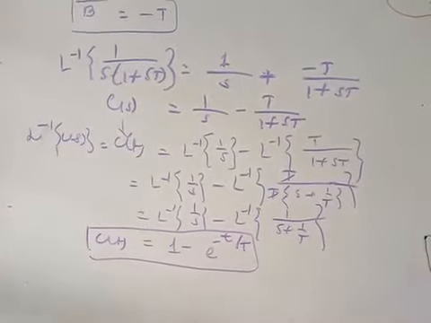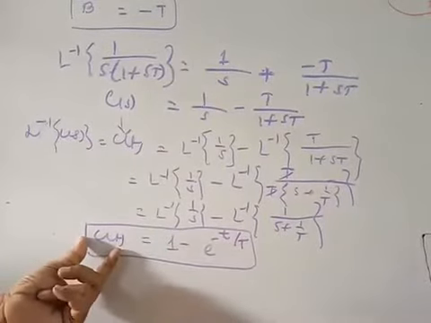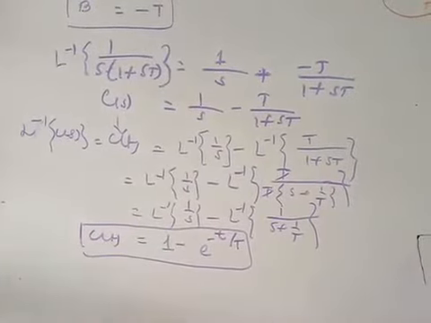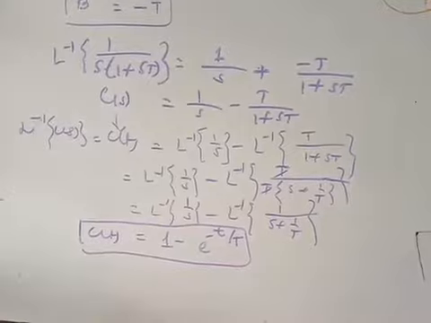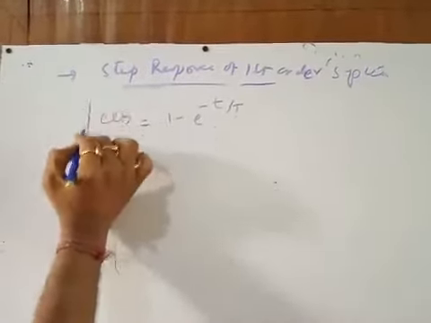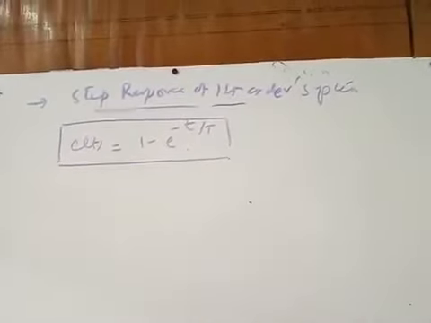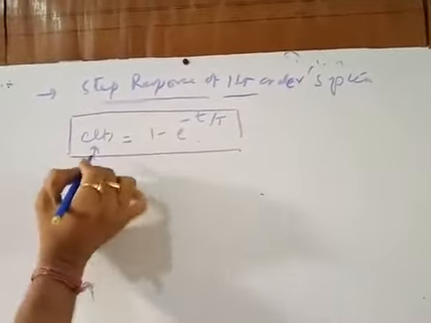Now I am going to get the curve, how the CT is looking, and from that you will be sure how the output is following the input. We have CT equal to 1 minus e to the power minus t by T. This is your output.